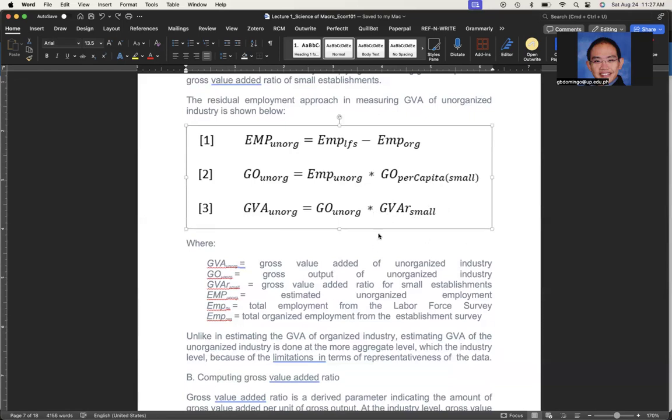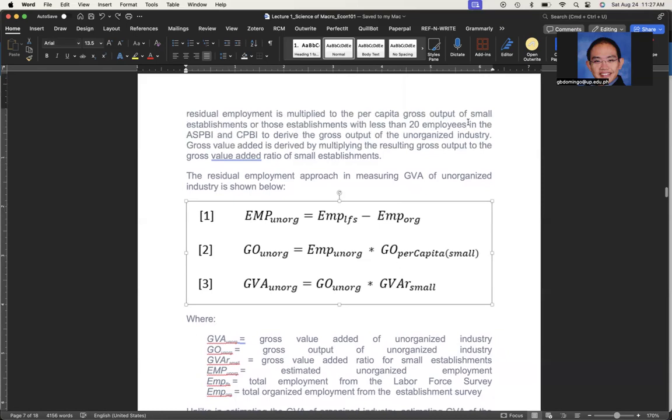It's the gross value added ratio for small establishments. So for all the small establishments, which we've defined as less than 20 employees, you look at how much is their gross value added per unit of output.